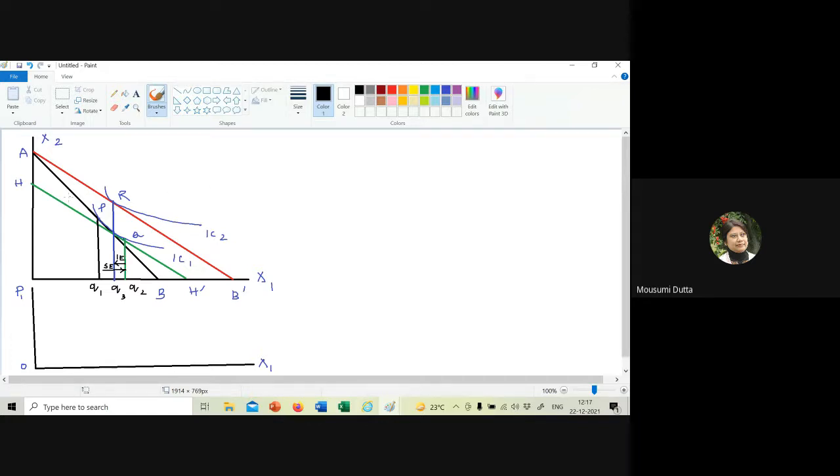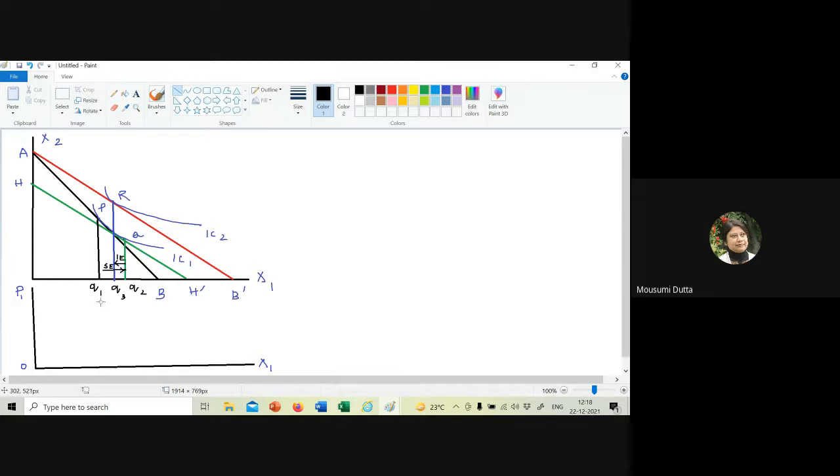Now, if this is the case, we can draw the demand curves, the ordinary or Marshallian demand curve and the Hicks compensated demand curves, extending the quantities to a space where we are considering the price of X1 along the vertical axis and quantity demanded of X1 along the horizontal axis.